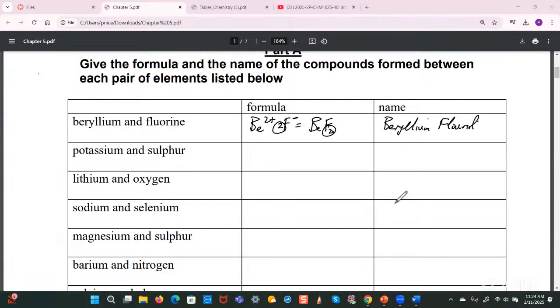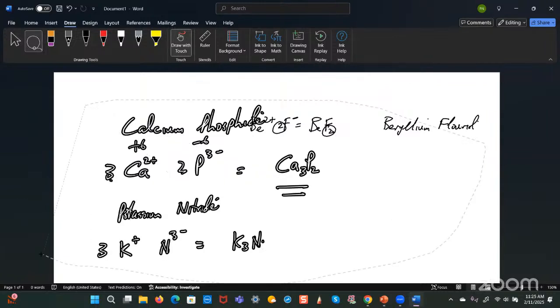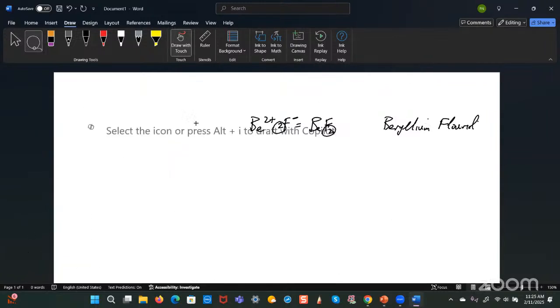An example of that would be that there are two types of copper ions.